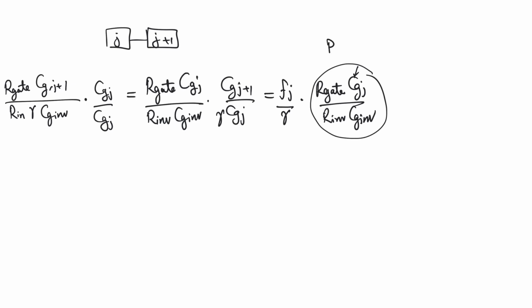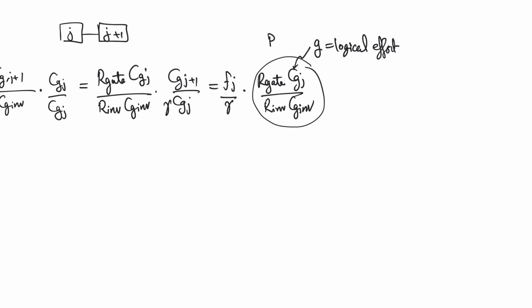So we give it a different symbol, G, and we call it logical effort. Logical effort is a unitless quantity, a ratio of time constants, and it measures how much more difficult it would be for a gate to drive itself in terms of external current production relative to an inverter driving itself.